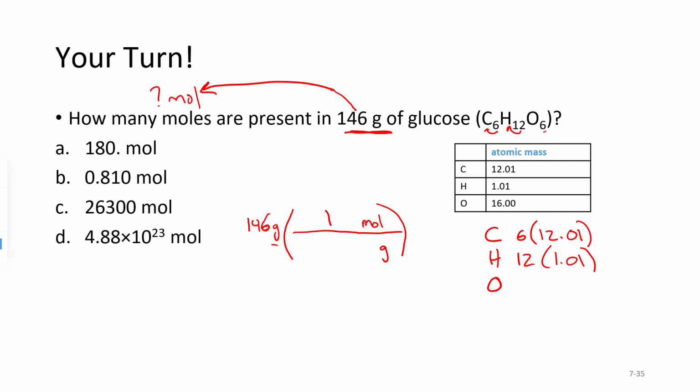Then we have 6 oxygen, so that's 6 times 16. So when you add these up, parentheses 6 times 12.01, close the parentheses, plus parentheses 12 times 1.01, close the parentheses, plus parentheses 6 times 16, close the parentheses, 180.18.